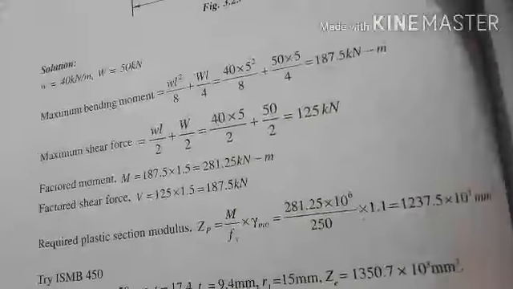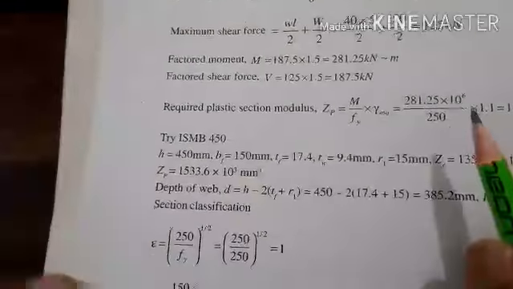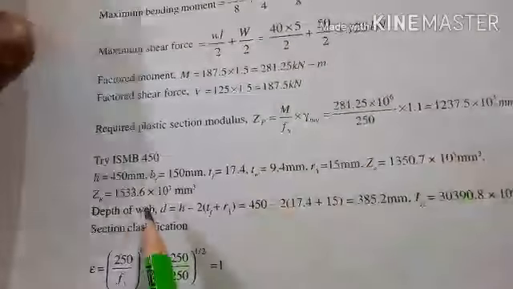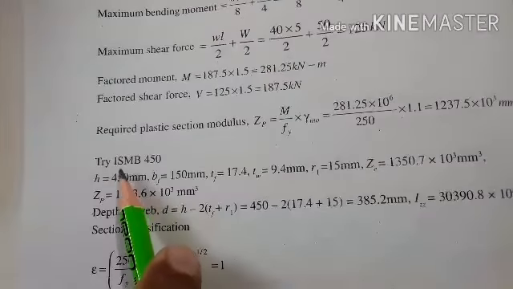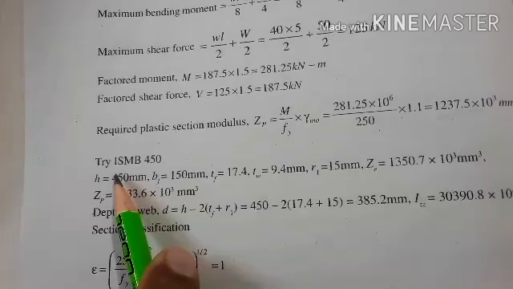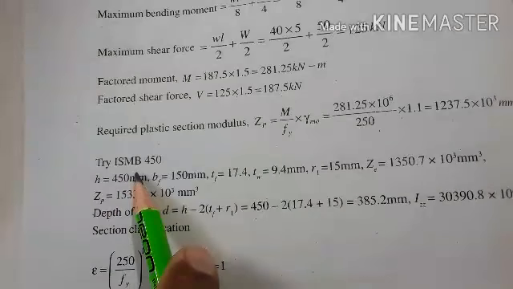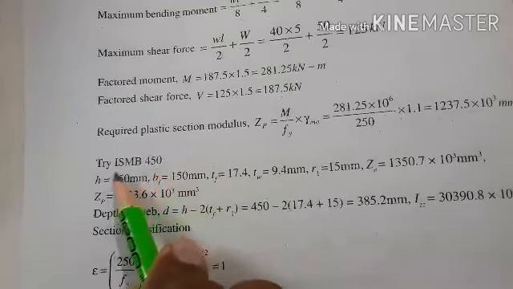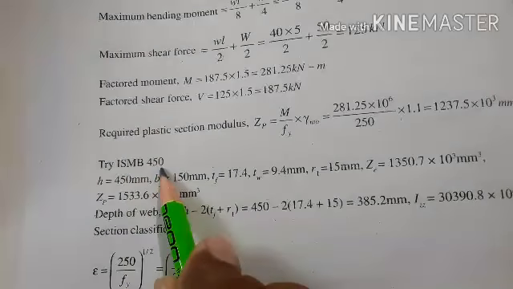And based on this section modulus calculated here, you have to choose the section. For that you have to refer IS 800 2007 page number 138. Try this section, that is ISMB 450.